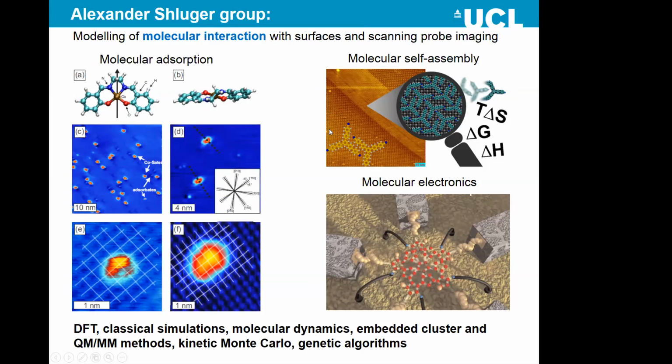And so we try to simulate, on one hand, adsorption, on the other hand, imaging of this adsorption using KFM in order to correlate it with experimental data. And also how these molecules get assembled, as shown on the right, into self-assembled monolayers. How do they talk to each other, including some entropic effects, also in relation to molecular electronics applications.